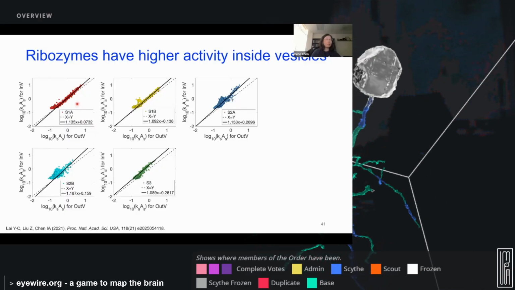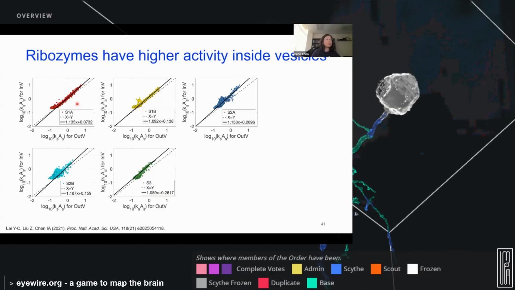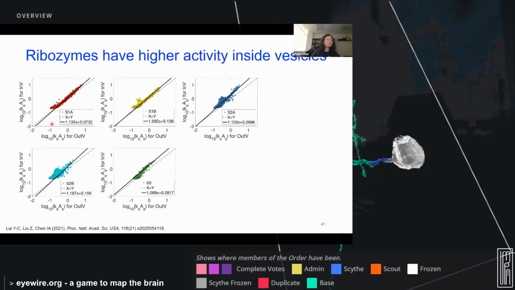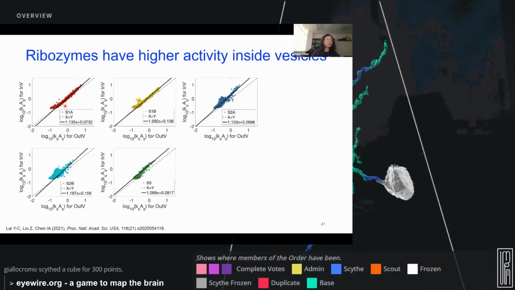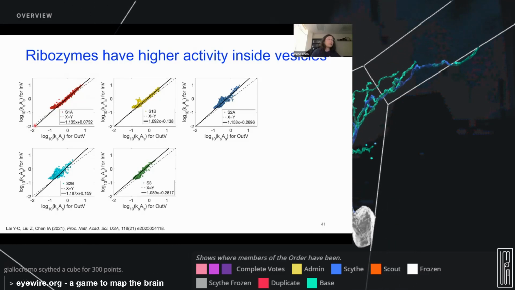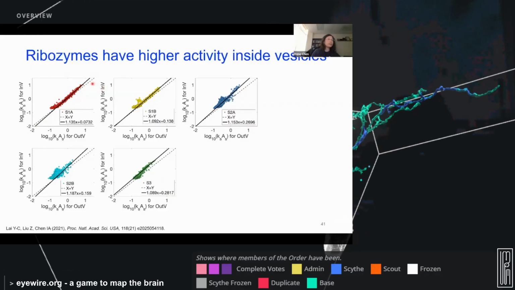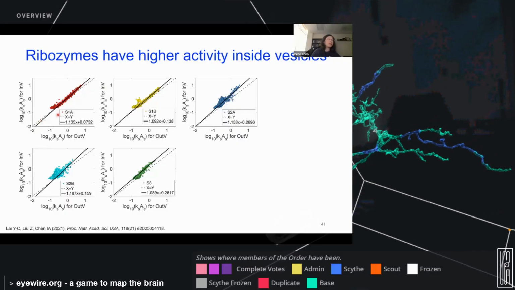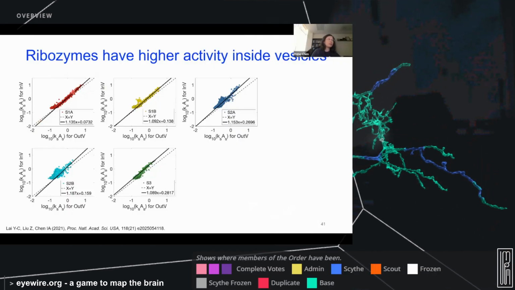But one thing that we zoomed in on was, let's just look at this red plot for a second. For this particular ribozyme family, yes, there's a really good correlation, but if we look at the x equals y line, that's this dotted line. And if you trust our measurements, then you would say, okay, let's fit the red dots.